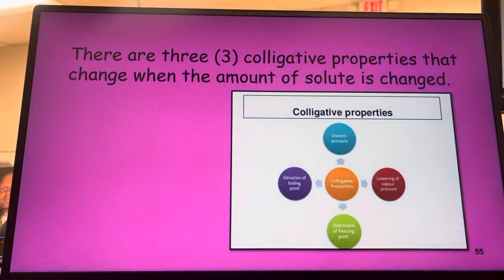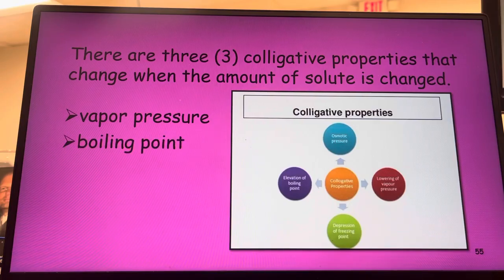All right, so here are the three colligative properties that we're going to discuss. And they change when the amount of solute is changed. So colligative properties change when the amount of solute is changed. Vapor pressure is one. Boiling point is another.